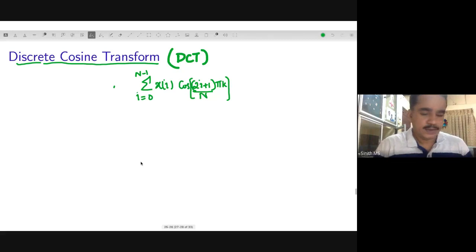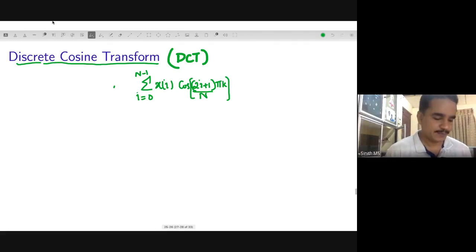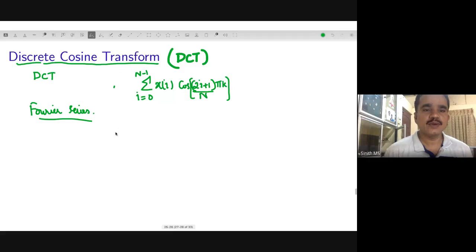Okay, coming back. So what discrete cosine transform basically does is, you know that in Fourier series, what does Fourier series or Fourier transform do? Let us take the case of Fourier series. In Fourier series, a periodic signal f of t is represented as sigma.